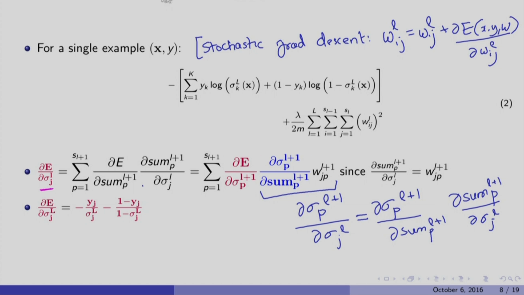What we have done here is substituted a simple expression, the partial derivative of the sum at L plus 1th layer on the pth node with respect to sigma jl, which comes from the previous layer, is just the weight connecting the jth node of the lth layer with the pth node of the L plus 1th layer.